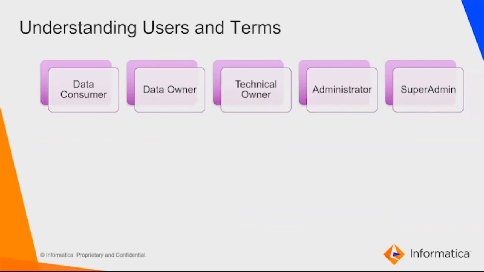A data owner is a person who will be able to approve the access requested by the data consumer. A technical owner will be the person who approves accessing or porting the data, or provisioning the data for the data consumer. Administrator and super administrator are Axon-specific roles who have the capability to do configuration and administration on the Axon infrastructure.